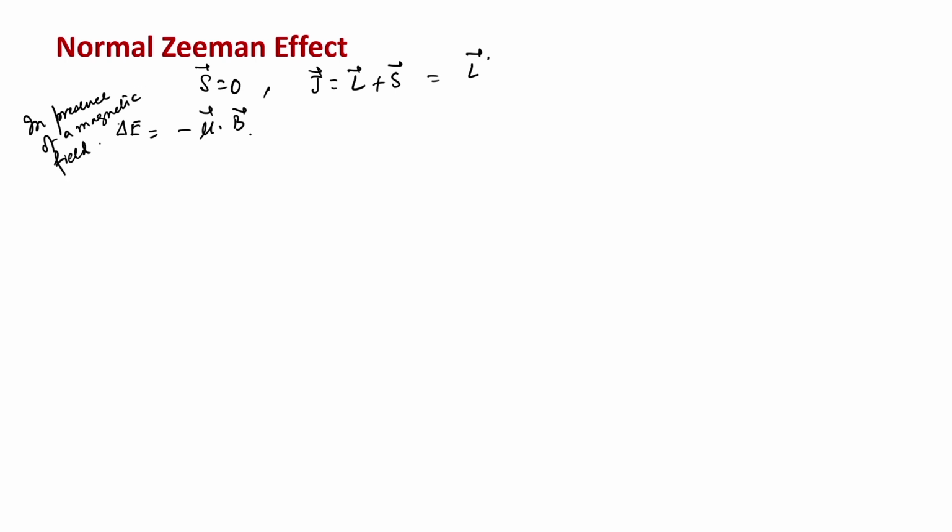So, this is minus mu dot B, and suppose you have B in the Z direction.